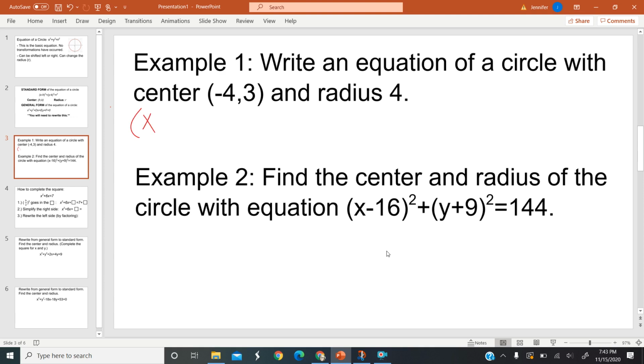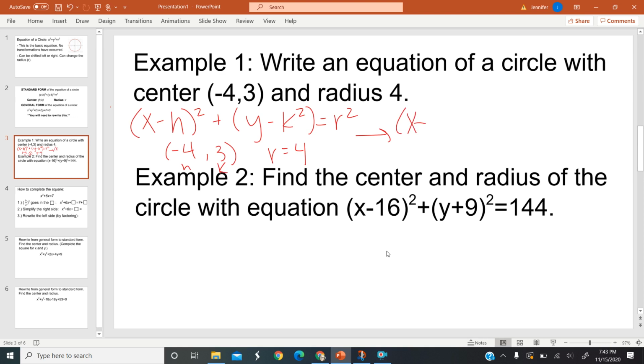So we have (x minus h) squared plus (y minus k) squared equals r squared. And then we have that (h, k) is (-4, 3) and the radius is 4. Remember that -4 is h and 3 is k, so I'm just going to fill in all of those numbers to write an equation.